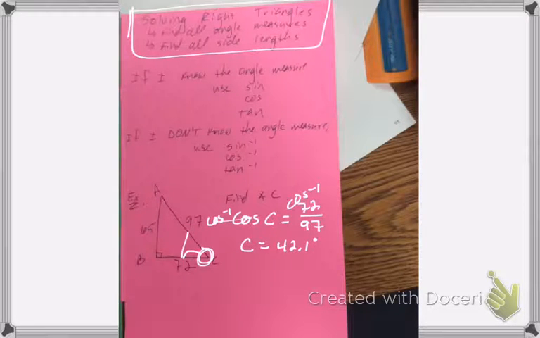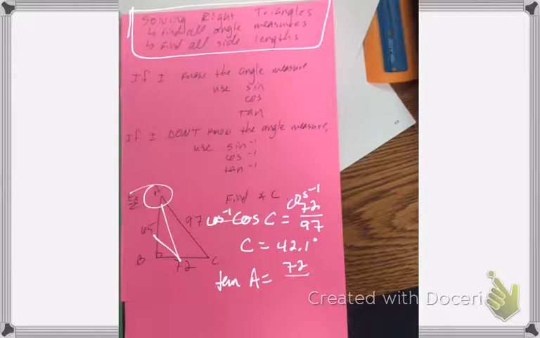Now, same thing for A. I know opposite and adjacent, so let's say we can use tangent. Opposite is 72. Adjacent is 65.